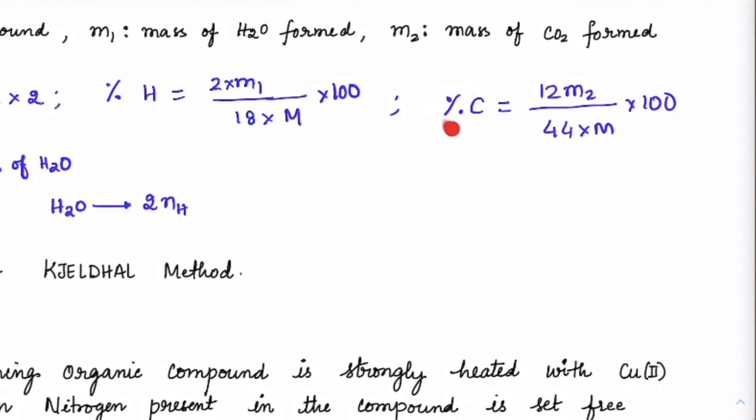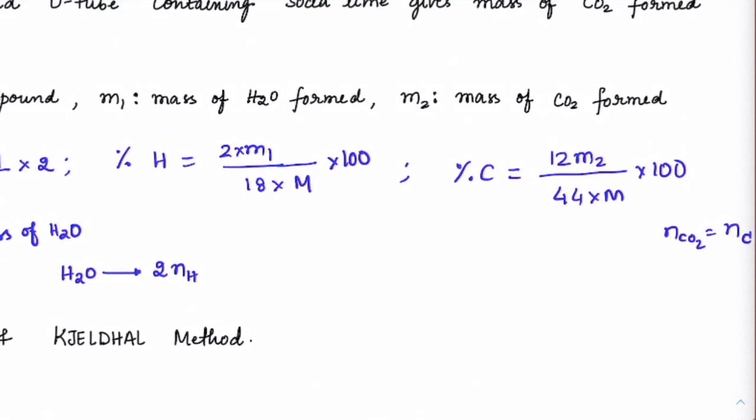Now same thing I am doing for carbon also. So every carbon dioxide, number of moles of carbon dioxide will be same as number of moles of carbon, POAC again, correct? So how many moles of carbon dioxide are formed? M2 by 44. M2 is the mass, 44 is the molar mass. The ratio is moles.